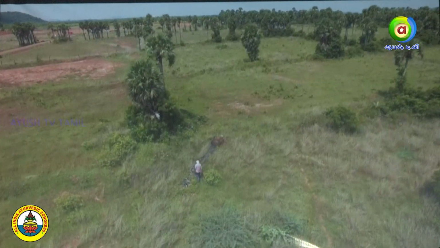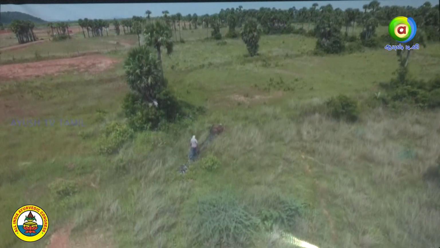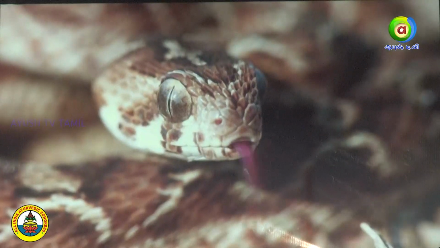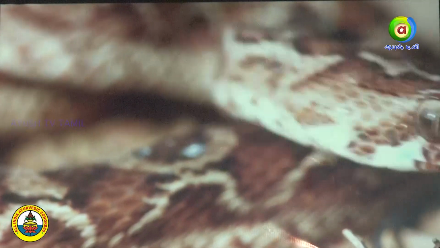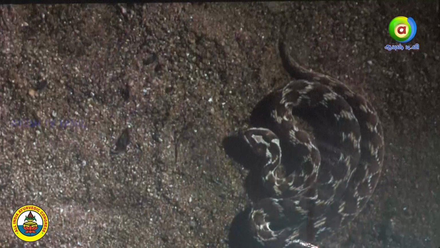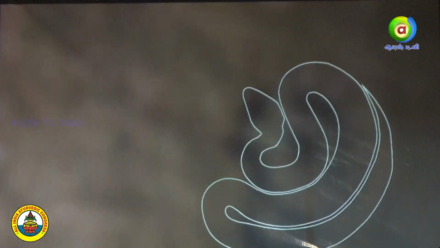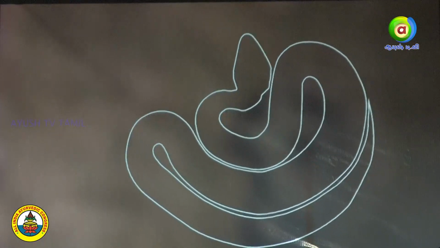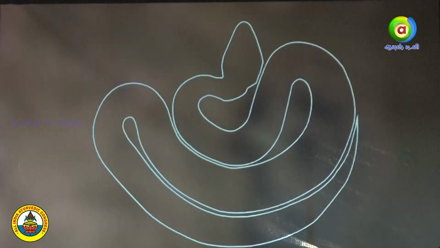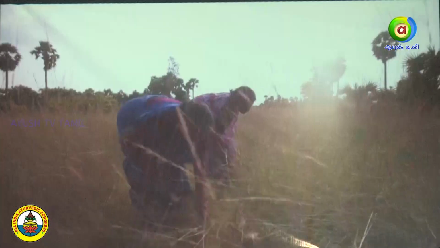Saw-scale vipers are found in open, dry areas where they forage for insects, small rodents, and reptiles. When frightened, saw-scale vipers coil up like a jalebi and hiss by rubbing their rough scales together. Their small size makes it difficult to see them hiding in the grass or under leaves.